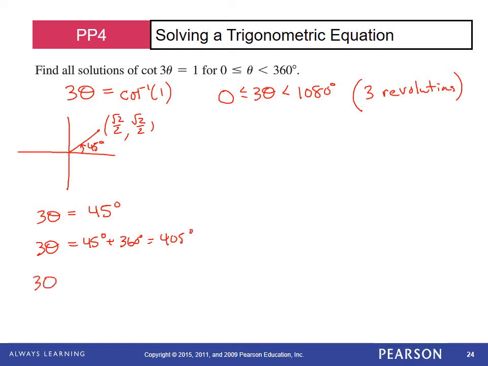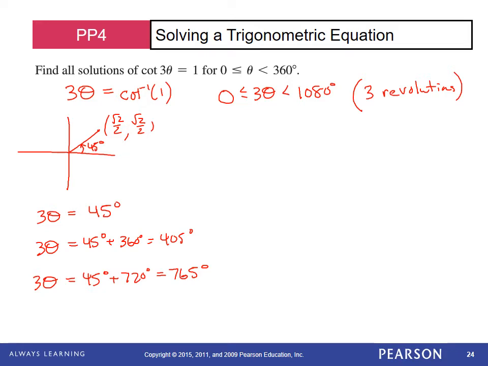Next, 2 revolutions, 720. What's 45 degrees plus 720? I heard 765. I'll go with it. Cool. Is that all we need? 3 revolutions? At least for the 45 degree angle.